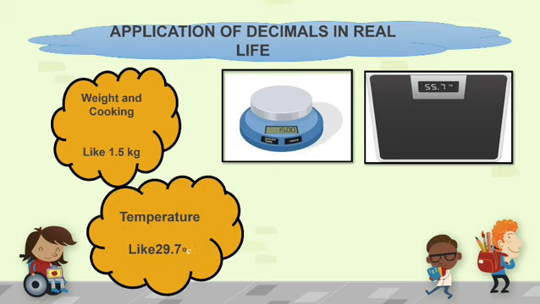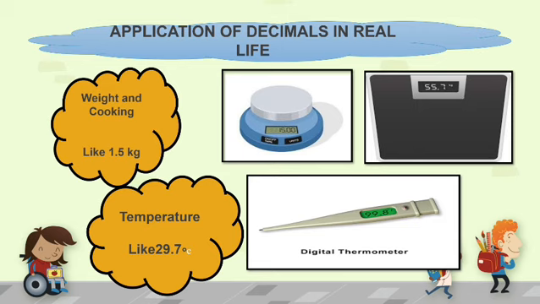Then comes temperature, right? Like your 99.8 degree Fahrenheit, or you can say 29.7 degrees Celsius. So this point that you are seeing, all these points are separating the whole number from your fractional part, or we can say this is decimal representation.